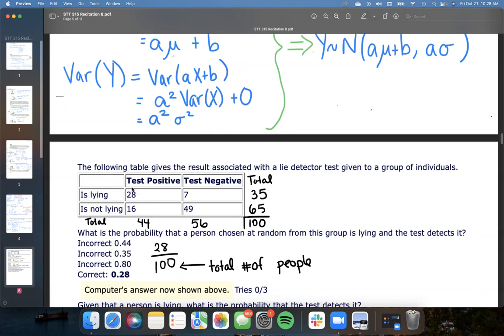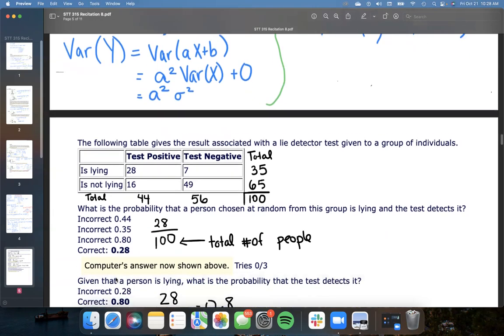That would be 28, because you're lying and the test is positive, divided by the total number of people. I put the totals for the rows and the columns here, and then I totaled up everything. So it's out of 100 total people. So 28 out of 100 is 0.28.